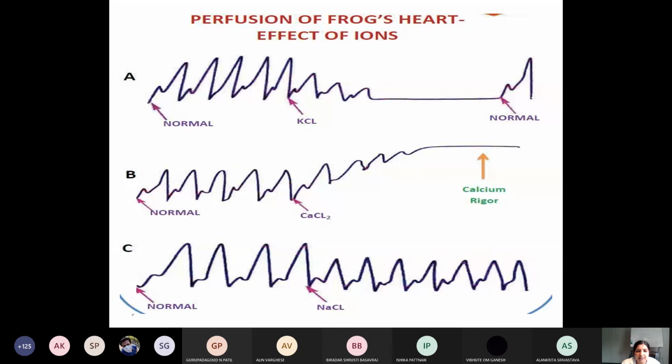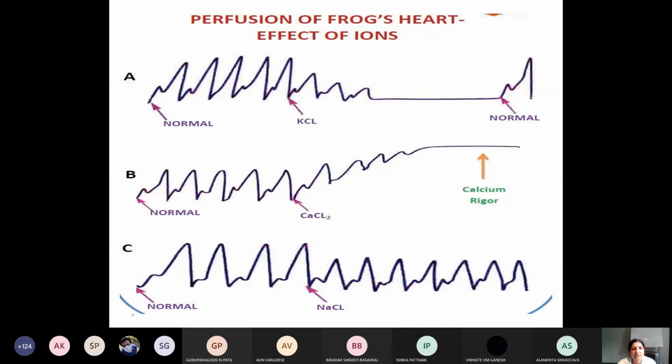So the heart rate may increase or remain the same, but definitely the force of contraction is decreased. So in hypernatremia or dehydration cases, sodium will have this effect on the body.